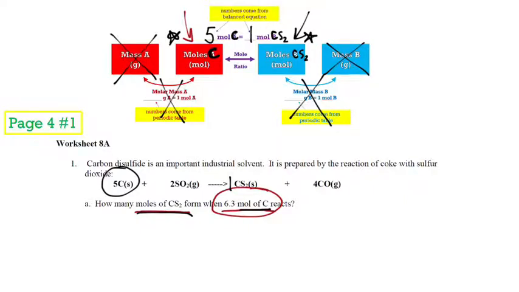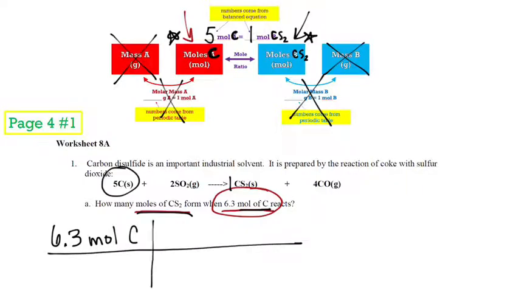So we always start our problem with our given number, unit, and substance. And here, following our diagonal rule and just using this one conversion, I've got moles of C here, so I know I need to have moles of C on bottom, and that means I'm going to be bringing this 5 down to fill in that space.